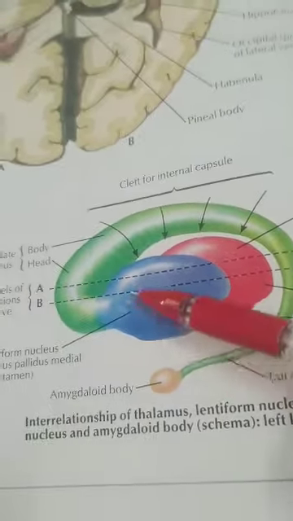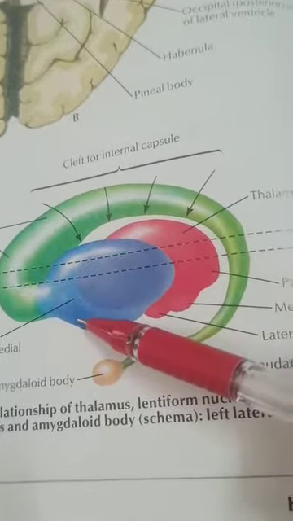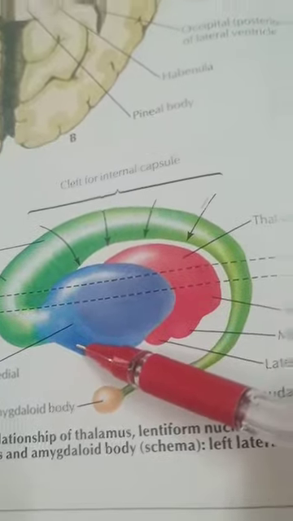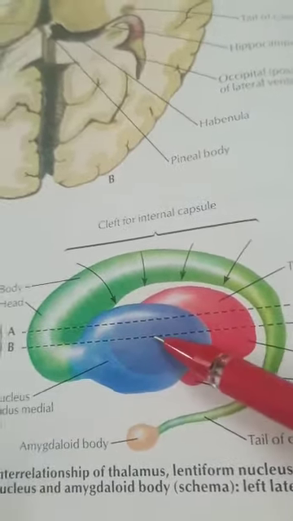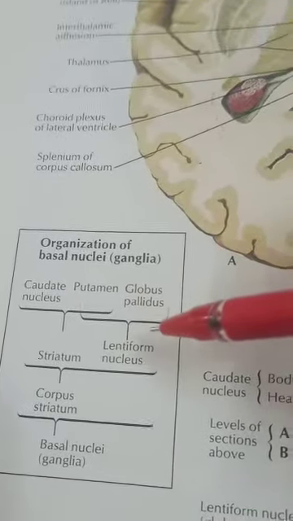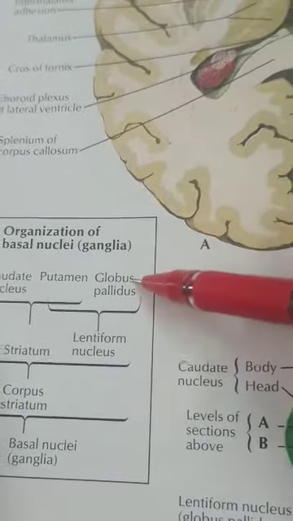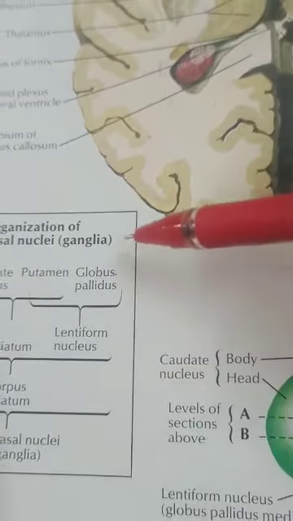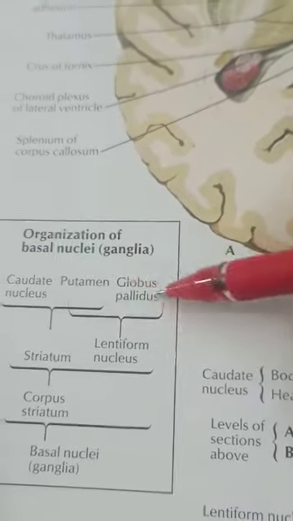We can see a lens-shaped nucleus. The corpus striatum is formed by the lentiform nucleus and the caudate nucleus. The lentiform nucleus is again divided into two parts, the putamen and the globus pallidus.